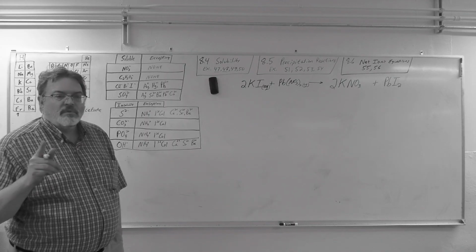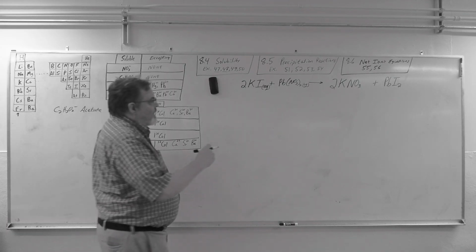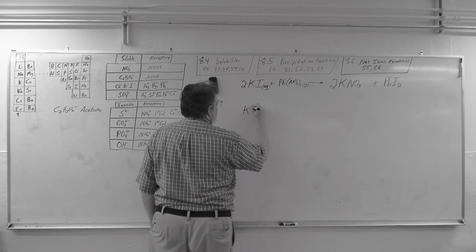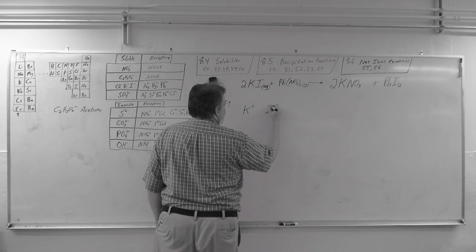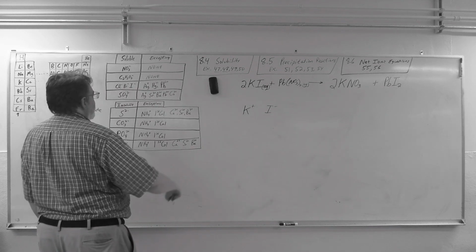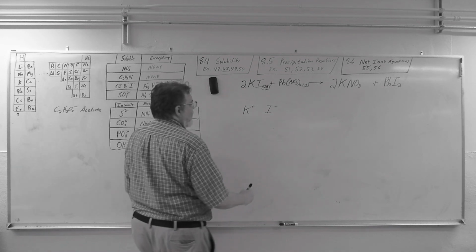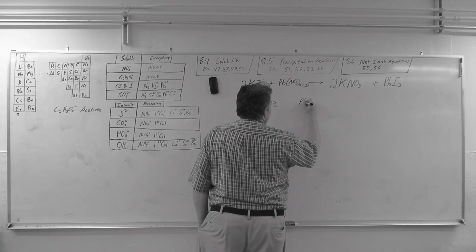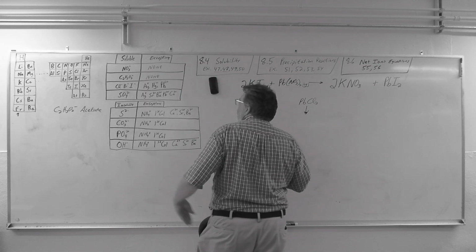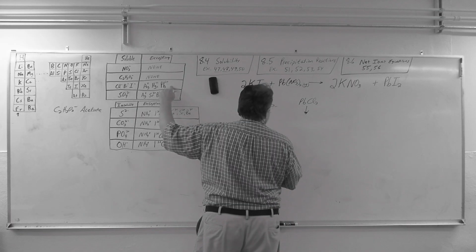Okay. Wait, sorry, can you explain that again? Sorry. If I put KI in water, I get that. And let's say instead of PbNO3, let's say I put PbCl2 in water. Cl, Pb is an exception.